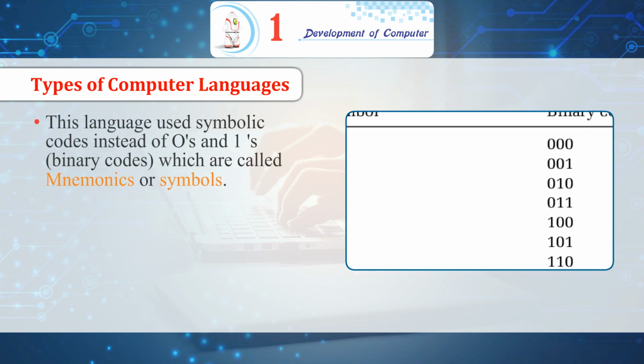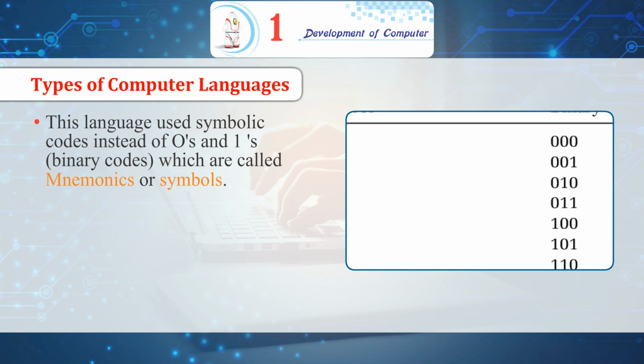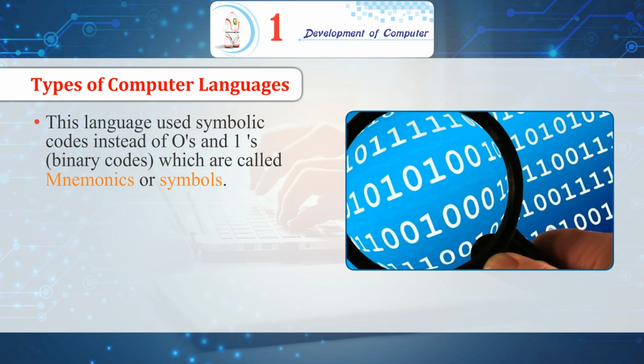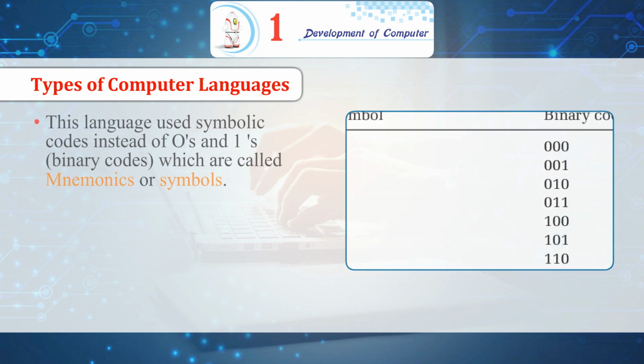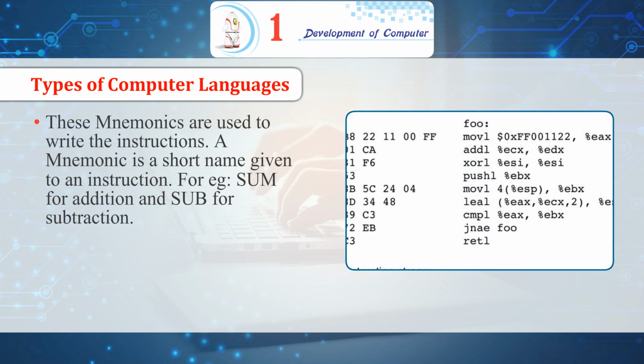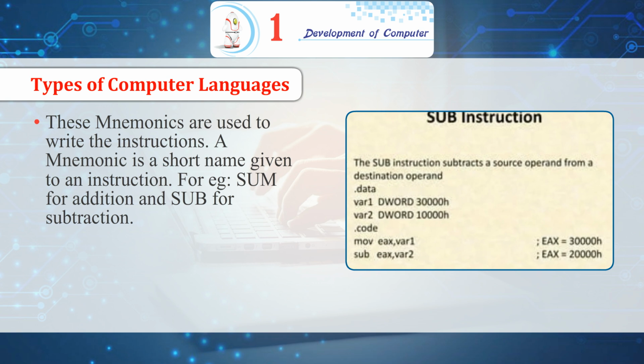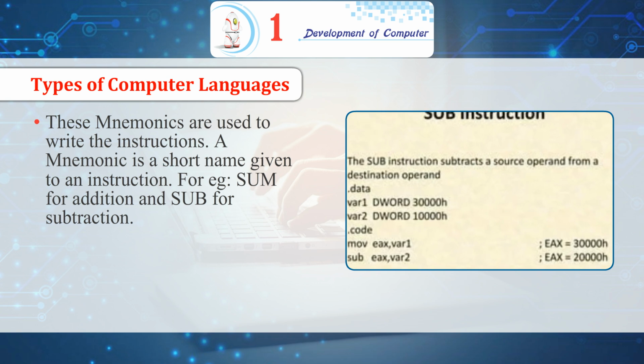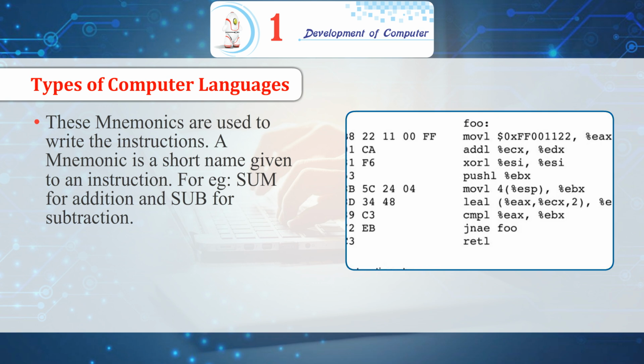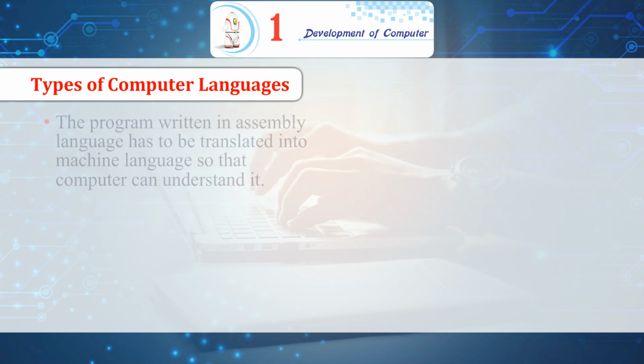This language used symbolic codes instead of zeros and ones, binary codes, which are called mnemonics or symbols. These mnemonics are used to write the instructions. A mnemonic is a short name given to an instruction. For example, sum for addition and sub for subtraction.